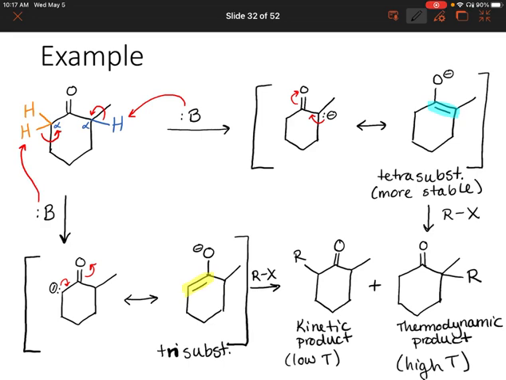Well, that blue proton is sitting next to a methyl group, so it's kind of hidden away a little bit. So would we want a bigger base or a smaller base? Probably a smaller base to try to favor the formation of our thermodynamic product.